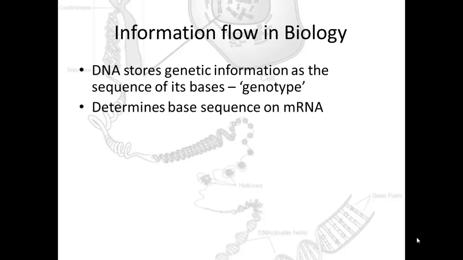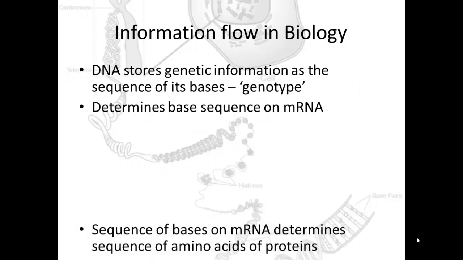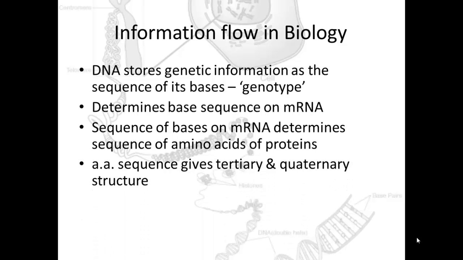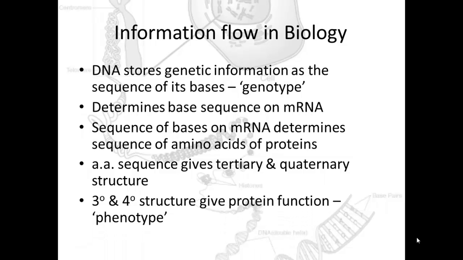Now that determines the base sequence on mRNA, or messenger RNA, and we'll look at how it does that towards the end of this video. That sequence of bases on mRNA determines, via tRNA, the sequence of amino acids in proteins. And therefore we get this tertiary and quaternary structure, because our amino acid sequence, which is the primary structure of a protein, then gives it its secondary, tertiary, and quaternary structures.